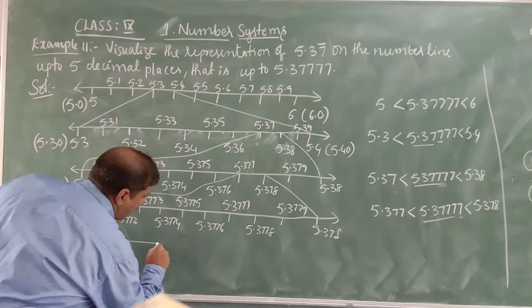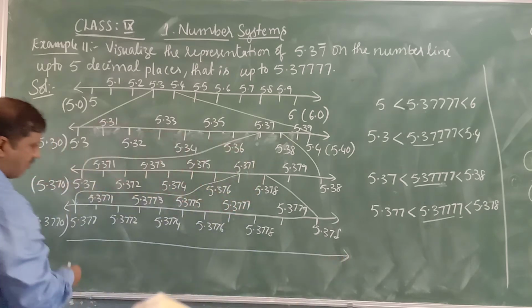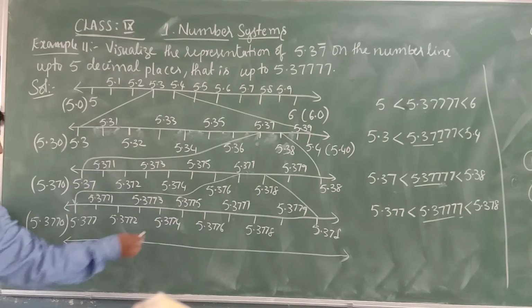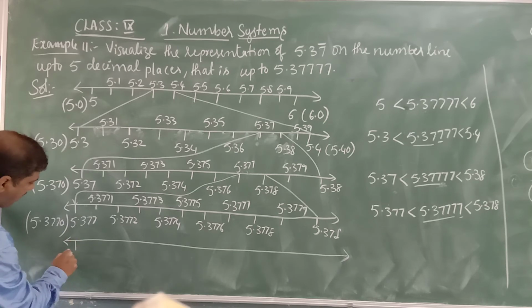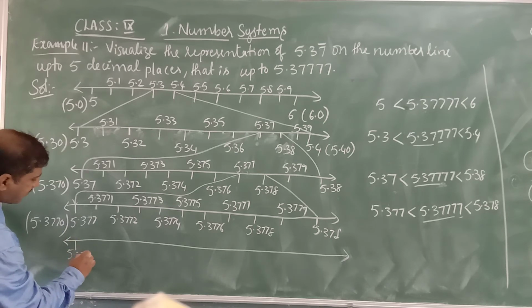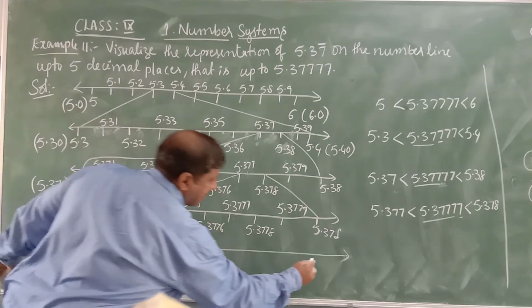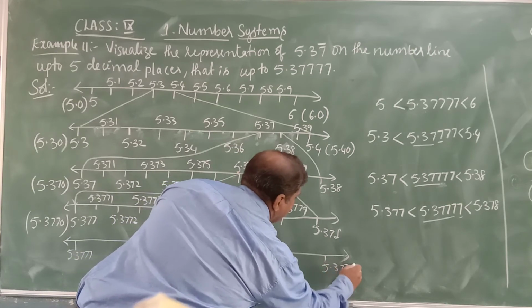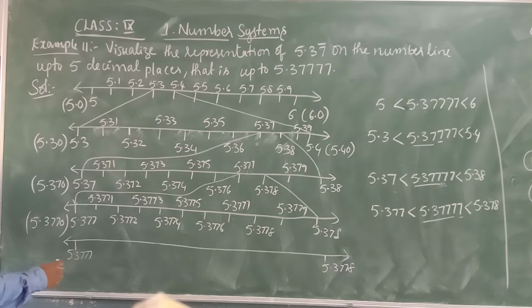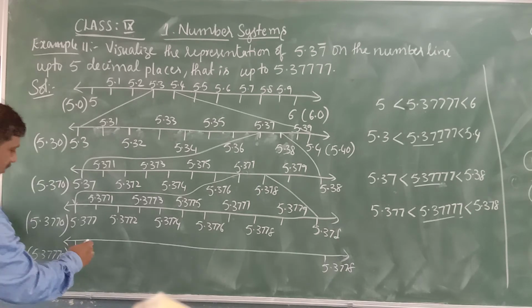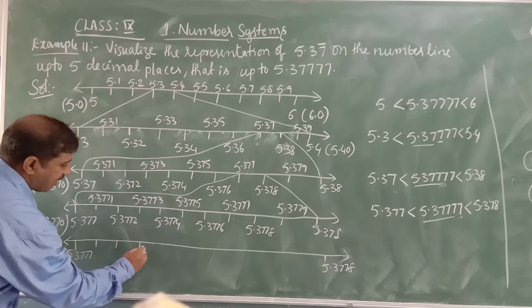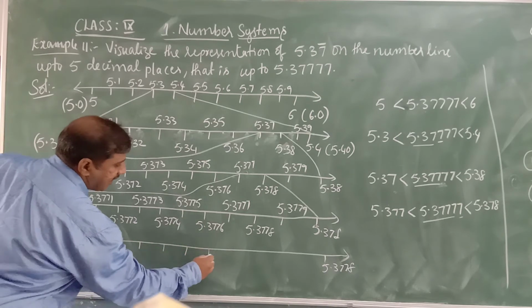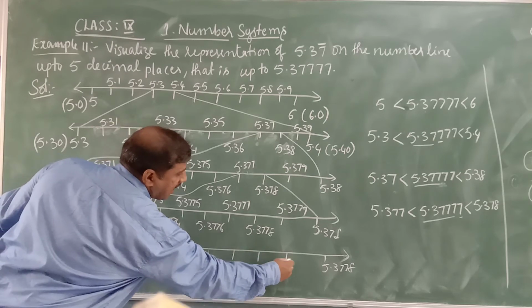Draw one more number line and represent this line as 5.3777 and this is 5.3778. So 5.3777 means 5.37770, and the fifth digit came. Now you divide the space into 10 equal parts: 1, 2, 3, 4, 5, 6, 7, 8, 9 and 10.